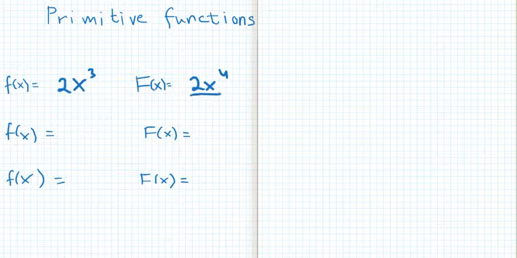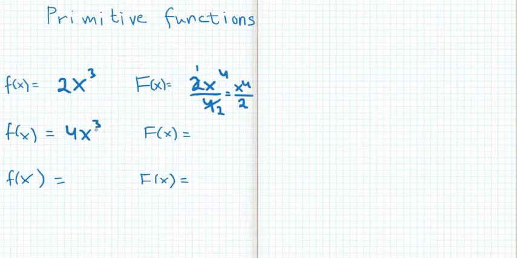Here I can actually simplify a little bit because we have a factor 2 up here, a factor 2 down here, so I'm just going to cross out the 2s. If we write it out, it's going to be x to the power 4 over 2. Let's have a look at 4x cubed.